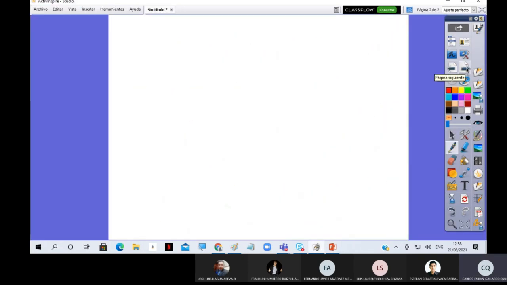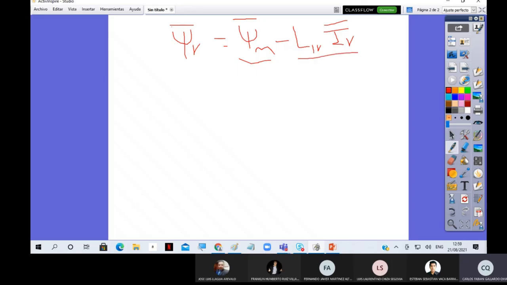By definition, this is a phasor, equal to the magnetizing flux minus the leakage inductance times the rotor current. So in order to compute the rotor flux, I need to know the magnetizing flux and the rotor current.